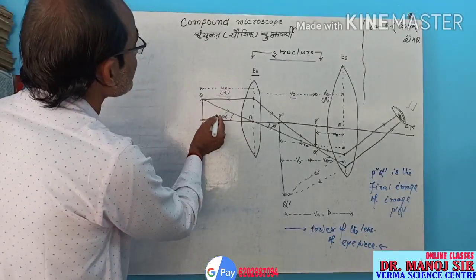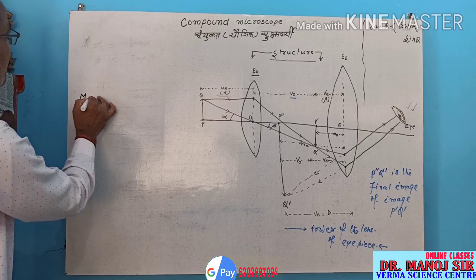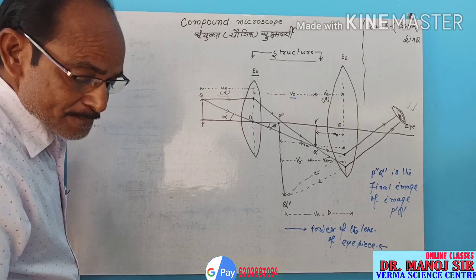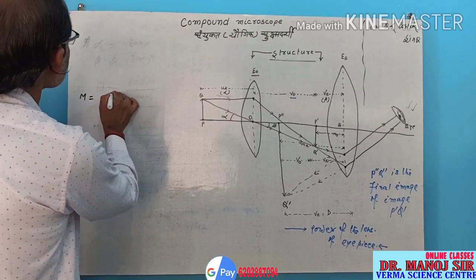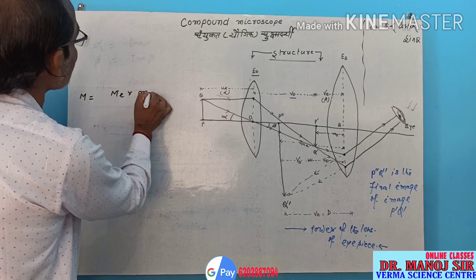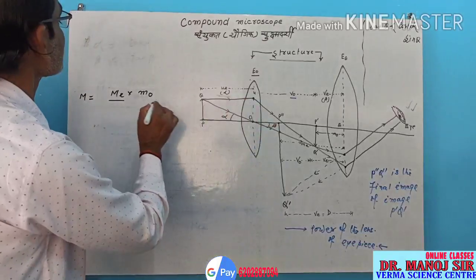Here M equal to ME into MO, magnification of the eyepiece and magnification of the objective piece.